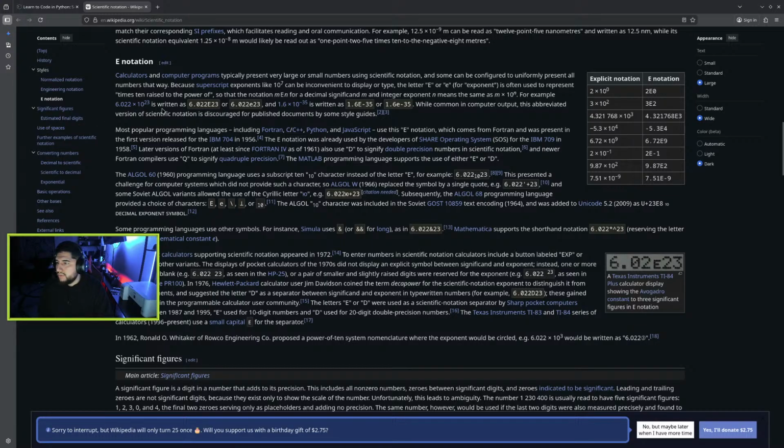For example, this is written as 6.022E23. So instead of 10 to the power of. Okay. Got it.